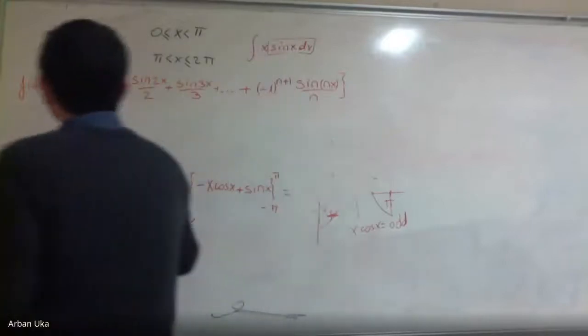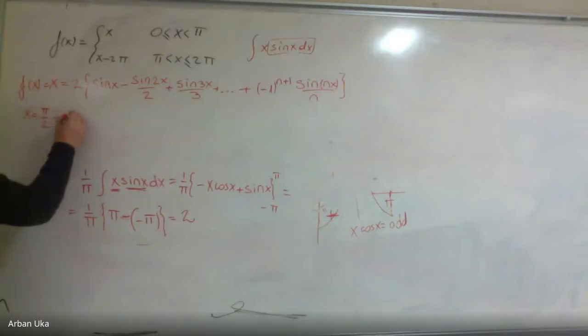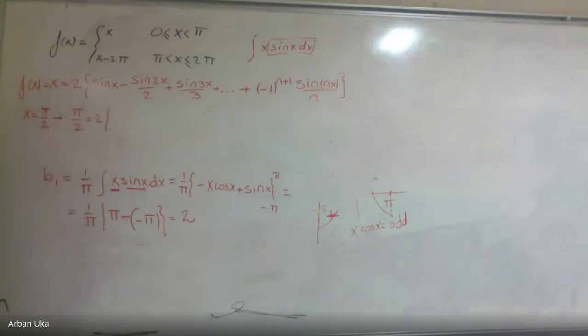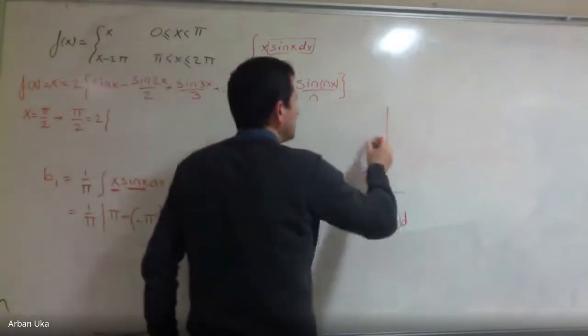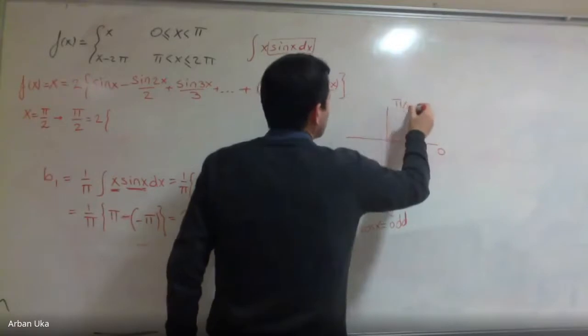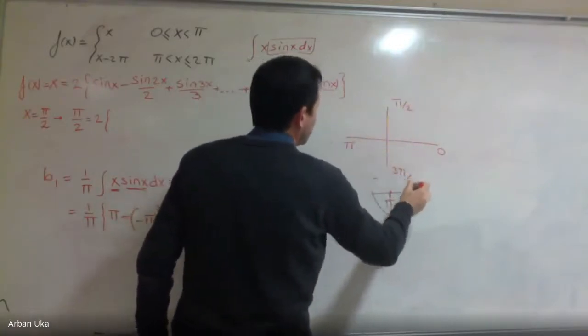When we say properties, we can find, for example, that if we set x equal to pi over 2, we can write that pi over 2 is equal to 2 times, what is sine of pi over 2? Well, let's see here. This is the angle 0, this is pi over 2. Here we have pi, and this is 3 pi over 2.